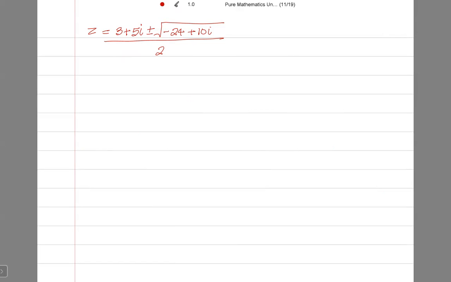Now, what we need to do is find the square root, and this is what many of you probably didn't remember how to do. We need to find the square root of a complex number, which you learned how to do yesterday. Sir, can I tell you what I did when I reached there? I separated the equation and put root 24 to itself and then added it to root 10i.